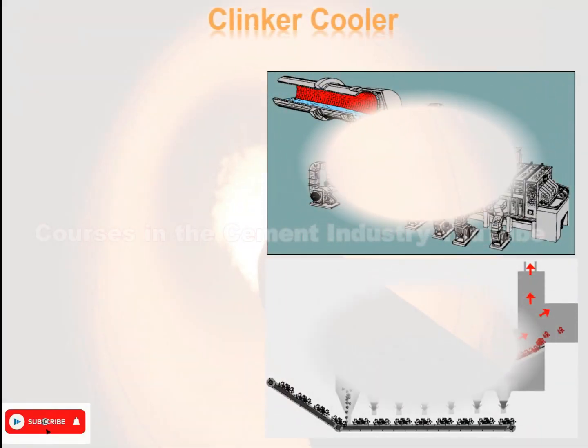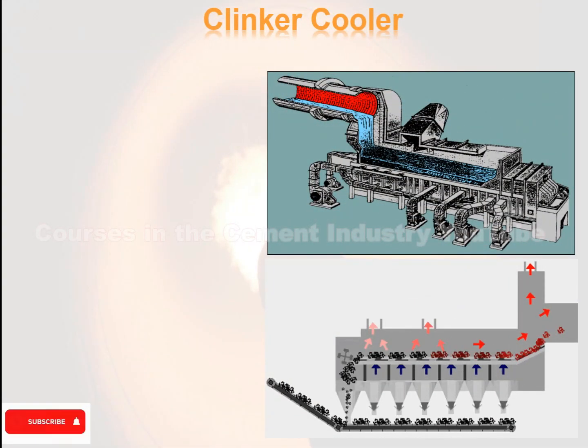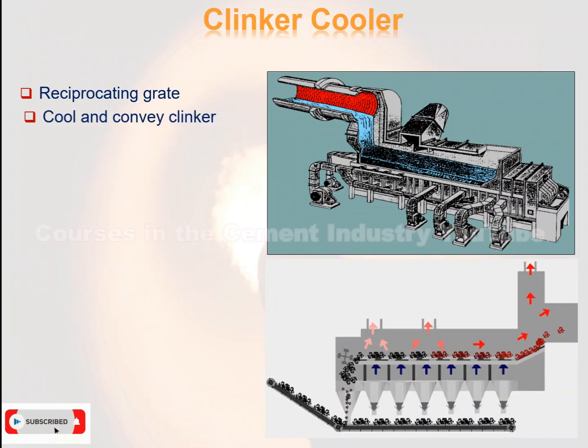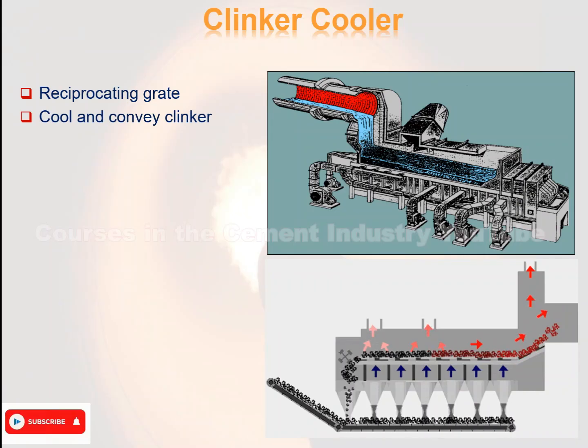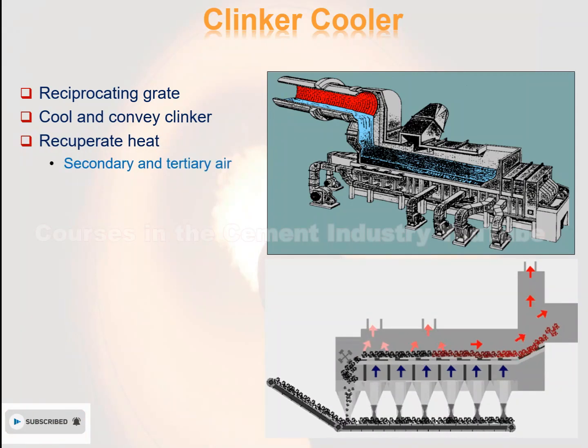Clinker cooler. One of its most important characteristics: 1. Reciprocating grate. 2. Cool and convey clinker. 3. Recuperate heat: secondary and tertiary air. 4. Air distribution: multiple control points. 5.